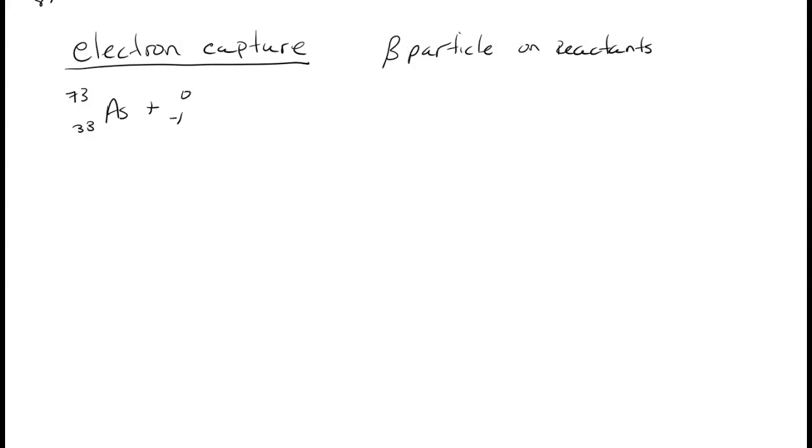And we have our electron on the reactants being captured by the nucleus. And that electron will actually combine with a proton, which will take a proton out. So that means that this will decrease in the atomic number, but when it combines with that proton, it will produce a neutron. So the mass will remain the same. And we have germanium. This is our electron capture.